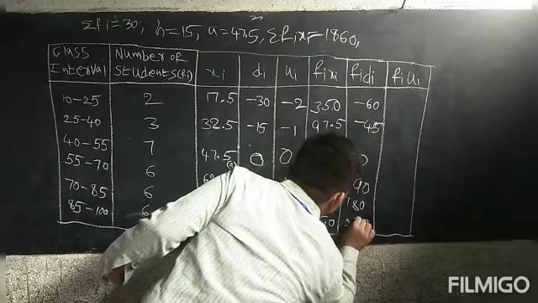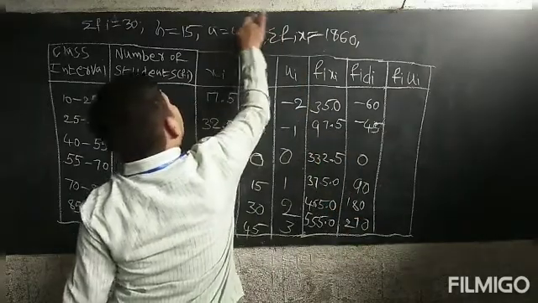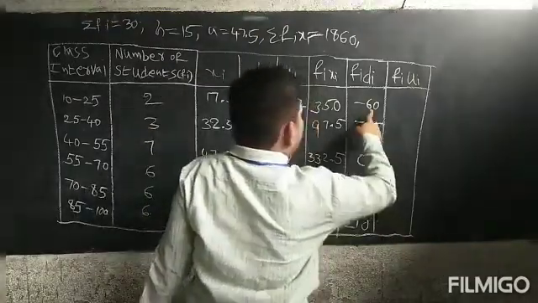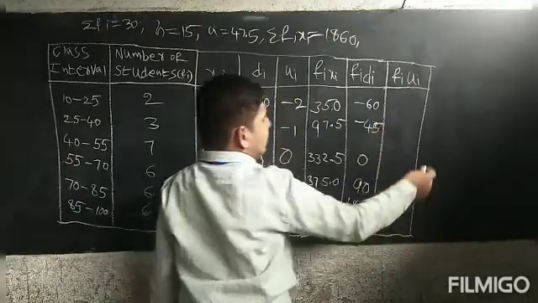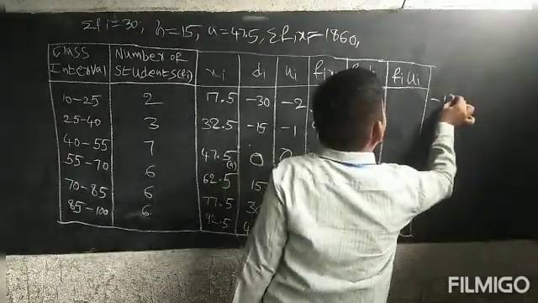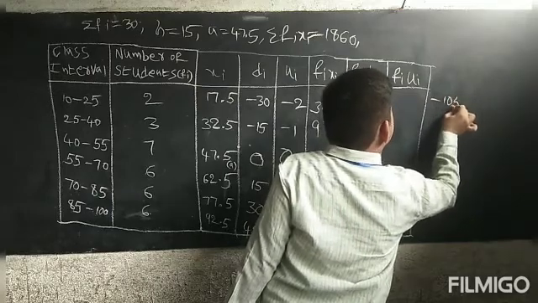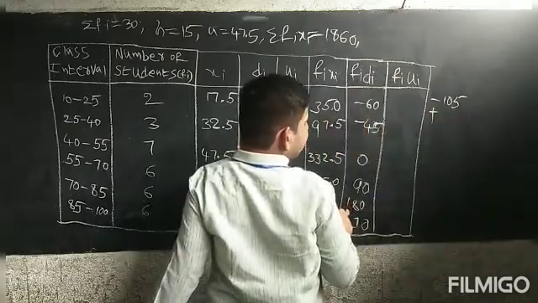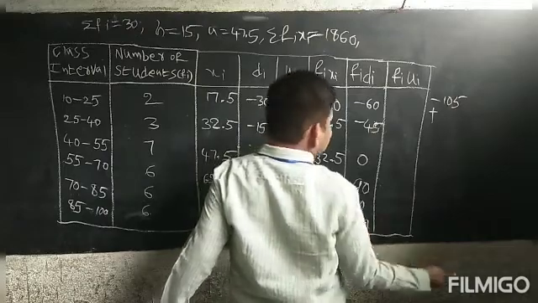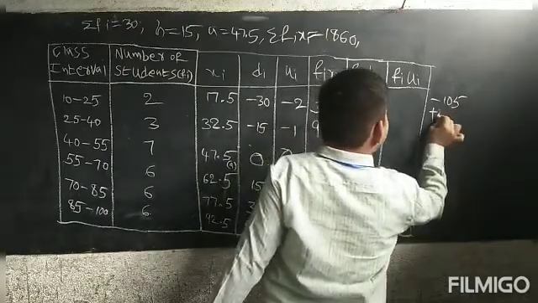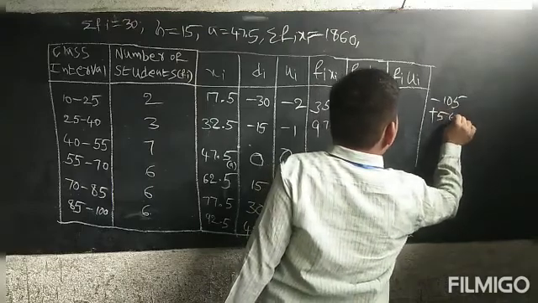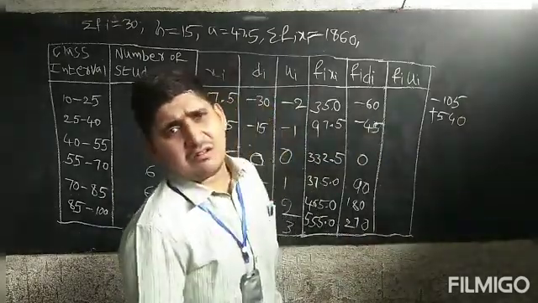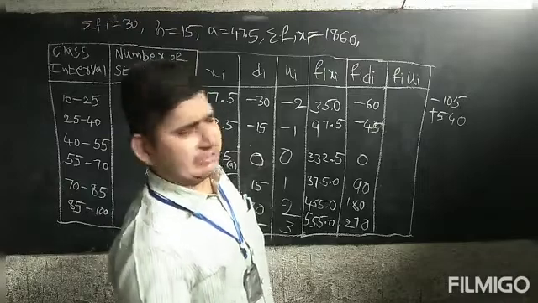Okay, 27. Now add the values of sigma fidi. 60 minus 45 is minus 105. Plus 90 plus 180, 270. 270 plus 270, 540. 27 into 2, 54.